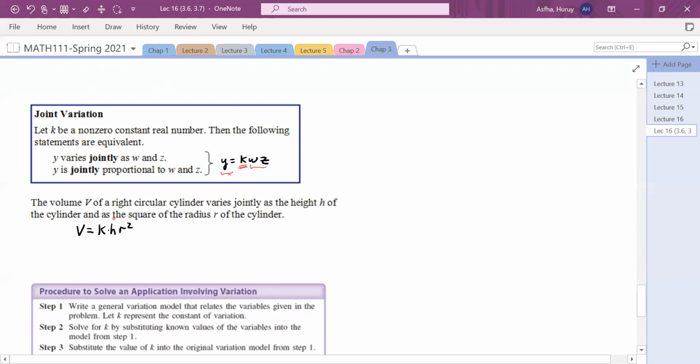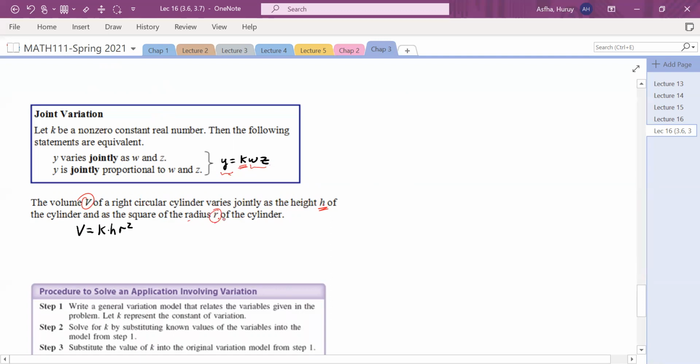For example, if we have the volume v of a right circular cylinder varies jointly as the height h of the cylinder and the square of the radius r of the cylinder. So we know v is one variable, it varies jointly as h and r.